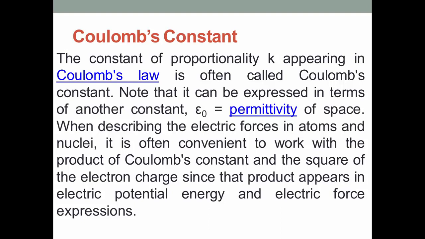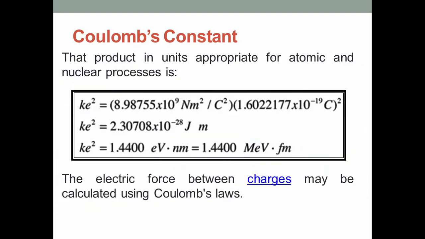Note that it can be expressed in terms of another constant, epsilon naught, which is the permittivity of free space. When describing the electric forces in atoms and nuclei, it is often convenient to work with the product of Coulomb's constant and the square of the electron charge, since that product appears in electric potential energy and electric force expressions.